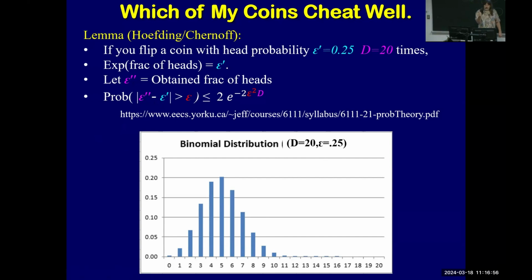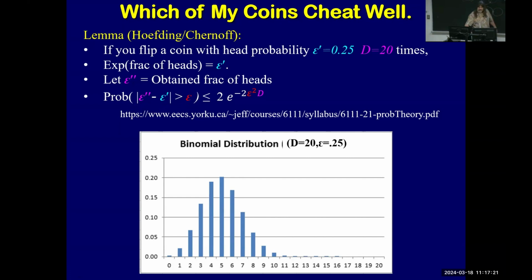You flip the coin some number of times. Oh, you can flip the coin capital D times. And you get this many heads. What's the probability? And then you have some epsilon that you want to be within, right?